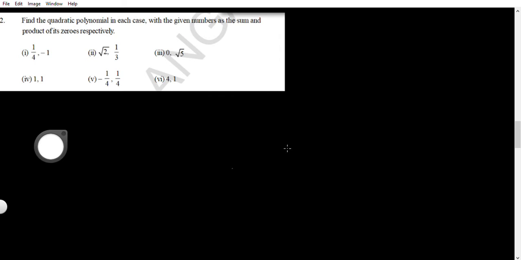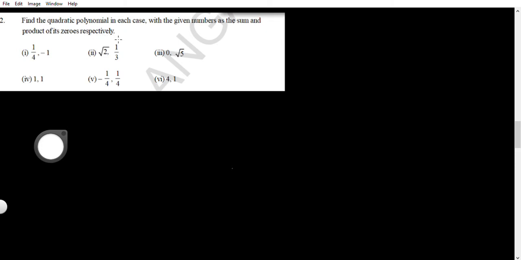Today we discuss exercise number 3.3, sorry, in polynomials, we'll see the third exercise. Here in this second bit, find the quadratic polynomial in each case with the given numbers as the sum and product of its zeros respectively.